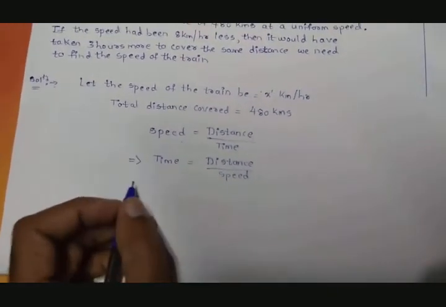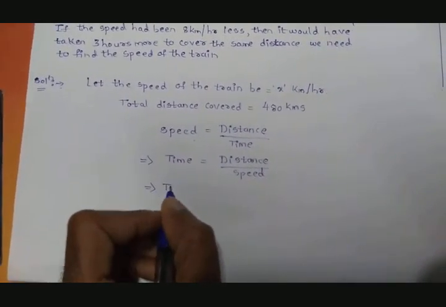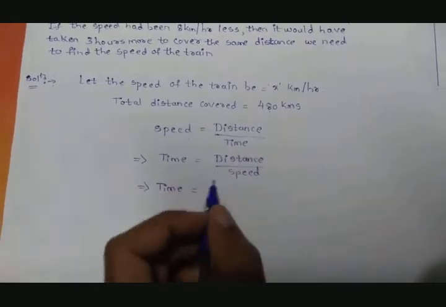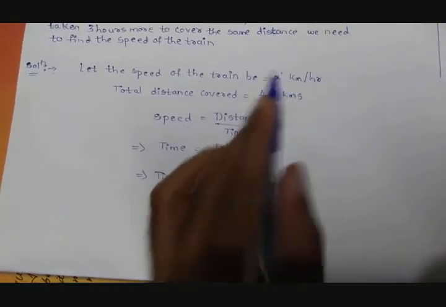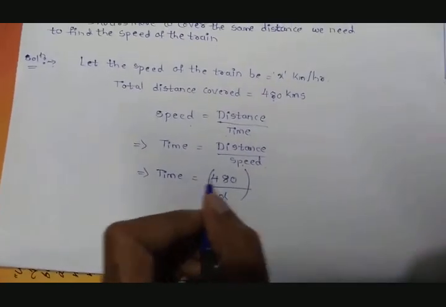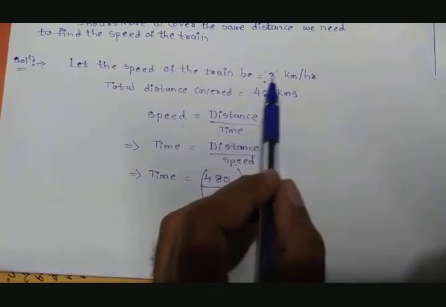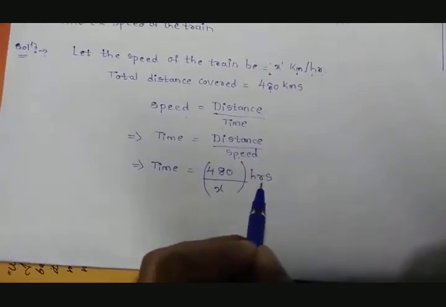Now the total distance covered is 480 kilometers, so we will write it as 480 kilometers divided by the speed x kilometer per hour. So the time taken will be 480 by x hours. Since the unit of speed is mentioned in kilometers per hour, the time taken will be 480 by x hours.